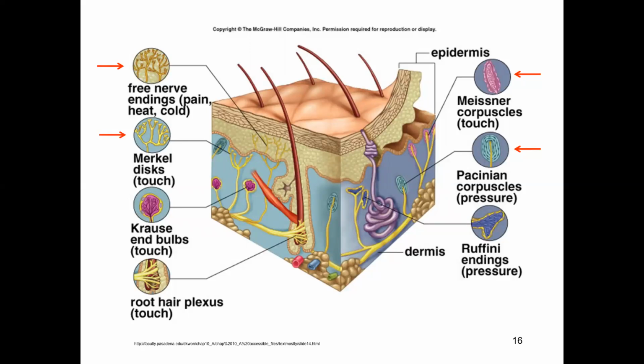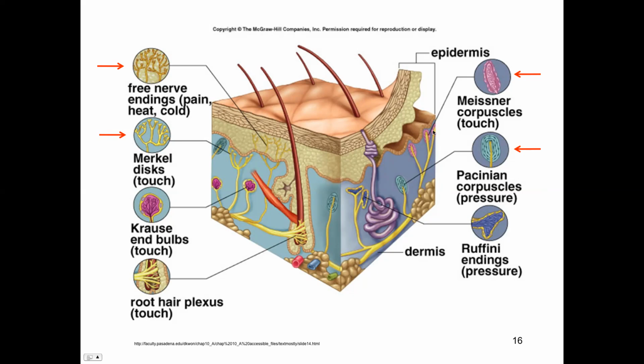But the ones that you probably want to learn the most, understand that you have some that are free nerve endings, and they are going to be detecting all kinds of things like temperature and different types of sensations. The Merkel discs, the discs themselves are in the basal layer, and then the neuron is associated with that in the dermis. And then the Pacinian corpuscles are pressure, and Meissner's corpuscles are going to detect touch.